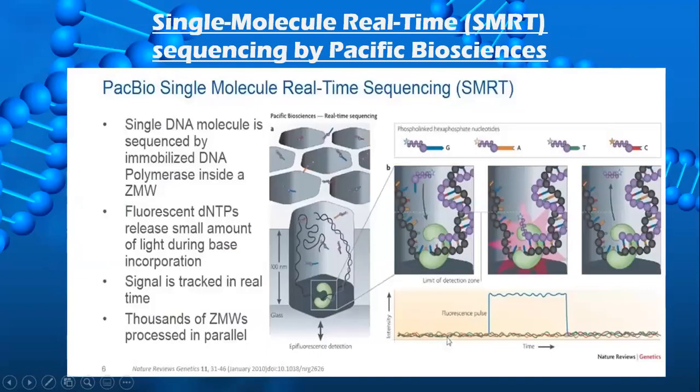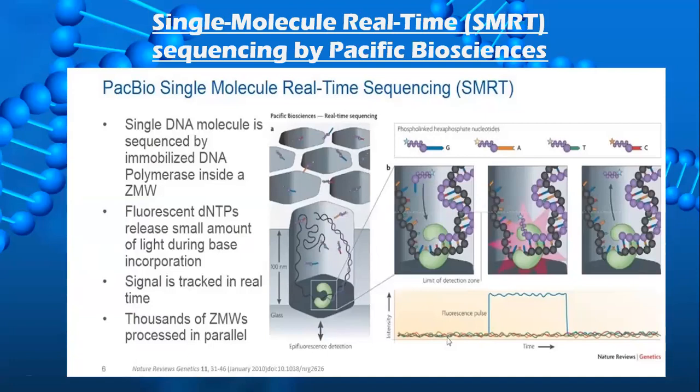So here, single molecule real-time sequencing or SMRT sequencing. In this process, a single DNA molecule is sequenced by the DNA polymerase, and this DNA polymerase is immobilized to the bottom of a ZMW. ZMW stands for zero mode waveguide.